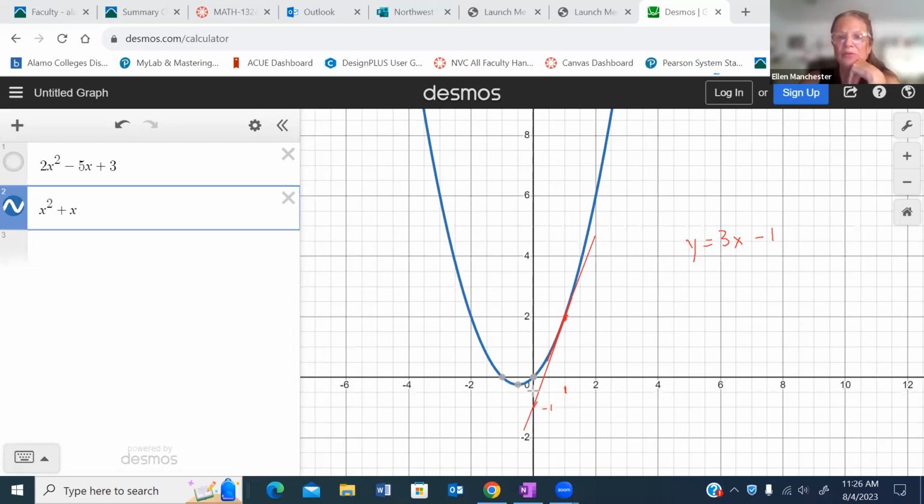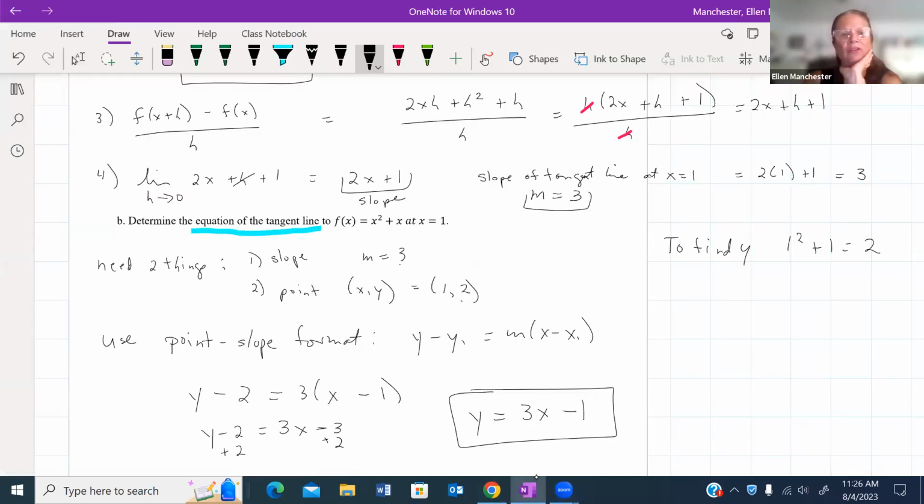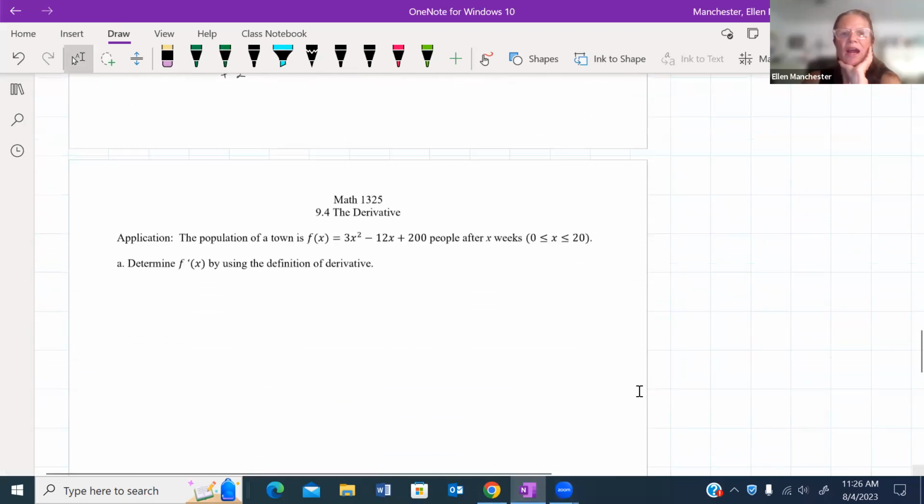So I go up 3 and over 1. Up 3 and over 1. There's my slope. And then it crosses. This is my y-intercept at -1. So it works. All right, so there is your equation of the tangent line.